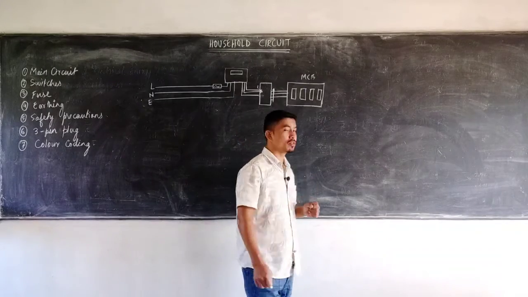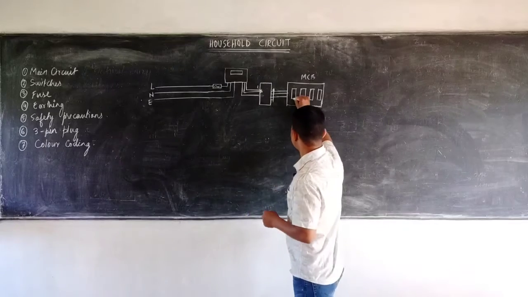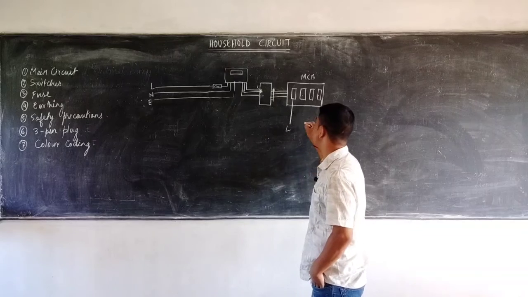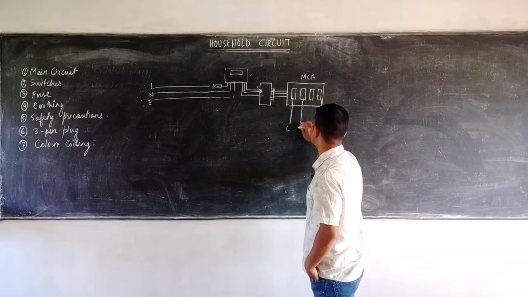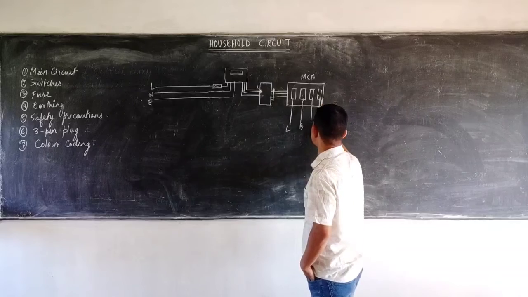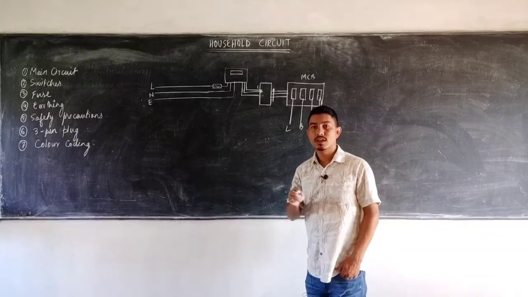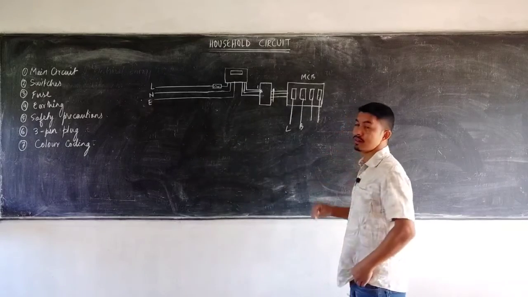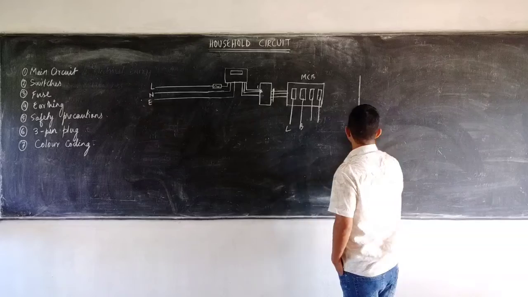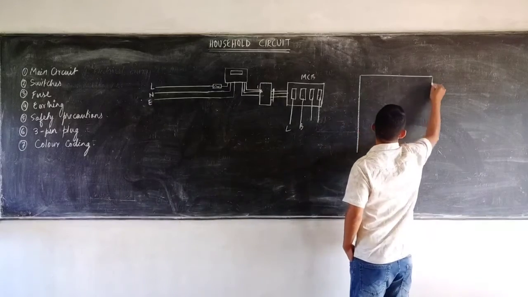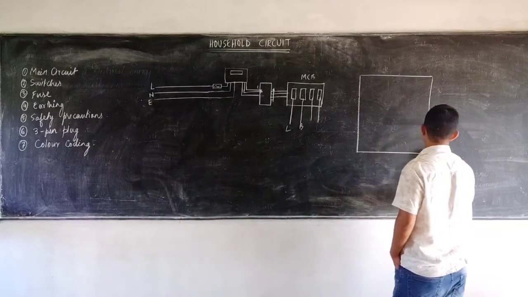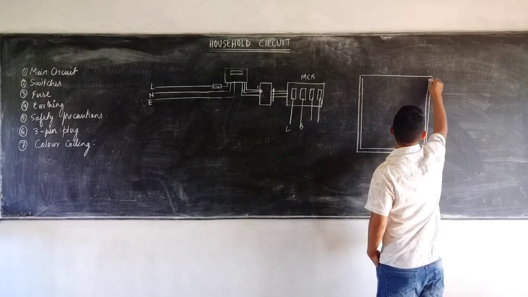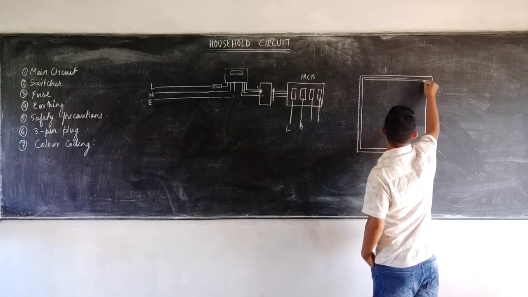From each of these MCBs or fuses, the current is taken to an individual room, like the living room, the bedroom, the kitchen or the balcony. Once the current enters a room, nowadays a ring system of wiring is done, in which each of the wires, the live, the neutral and the earth, is taken around the room.